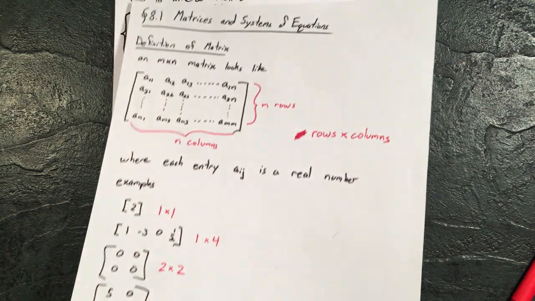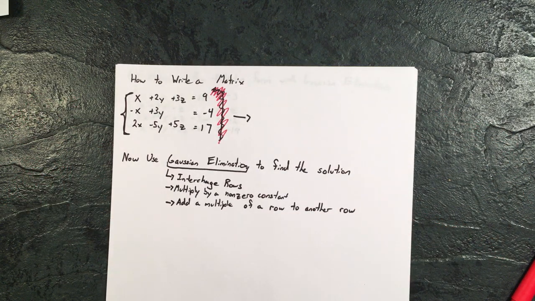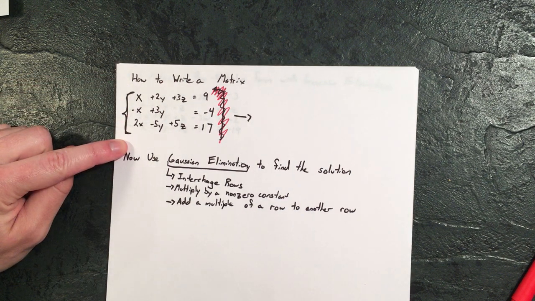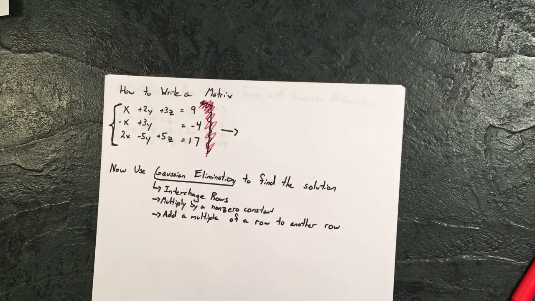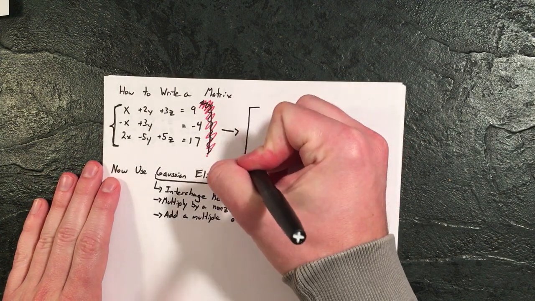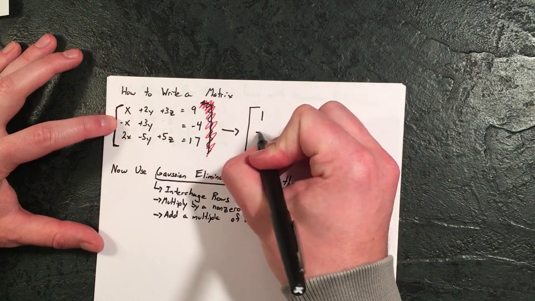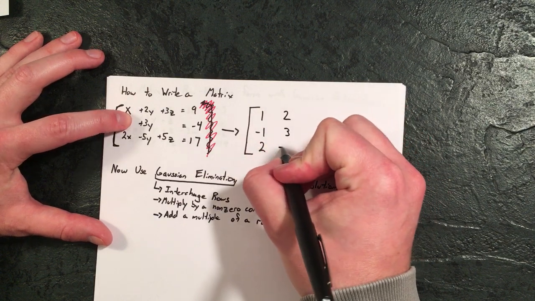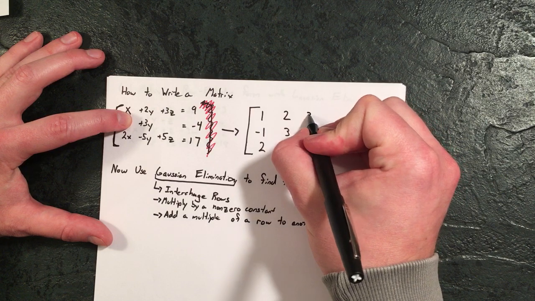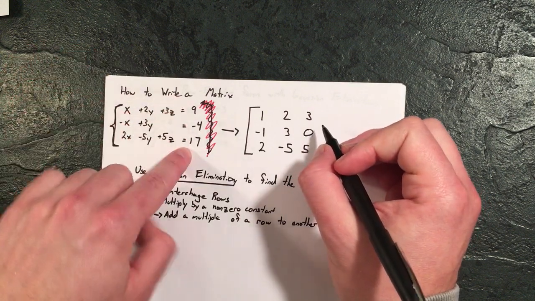Let's actually see how we can use these. Only a couple typos here at the start. So what we were looking at last week is we had a system of equations here, and we want to convert these into what would be a matrix. All it is, you have to bracket these in, and it's just the coefficients we have in front. We have 1x, a negative 1x, 2x, 2y, 3y, negative 5y, 3z, there's nothing here, so that is a 0, 5, and now we equal something.